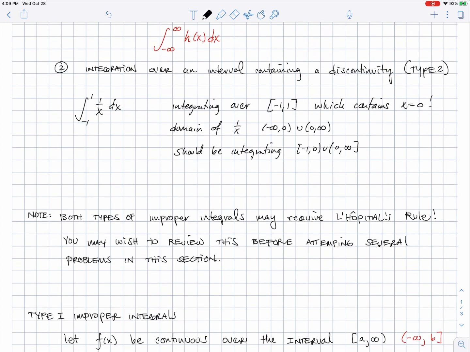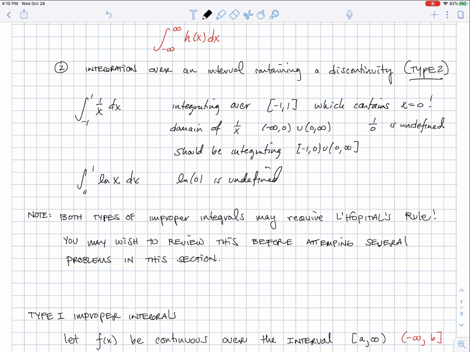Another example might be the integral from 0 to 1 of the natural log of x dx. Again, the natural log of 0 is undefined, as is 1 over 0. So we have these discontinuities, and we're trying to integrate right across them as if they weren't even there, and that makes them a type 2 improper integral.